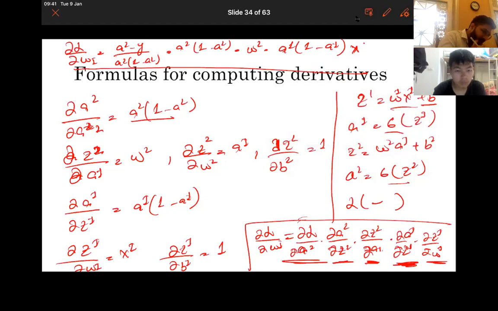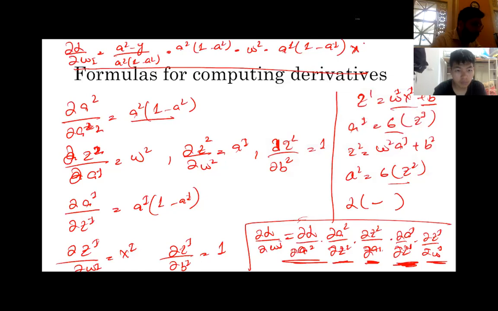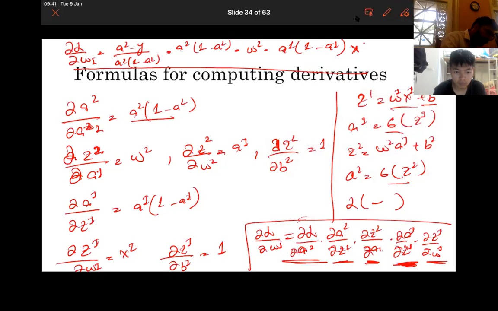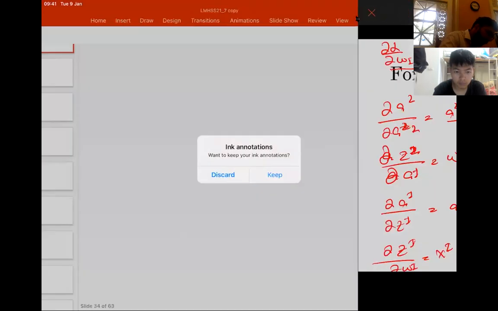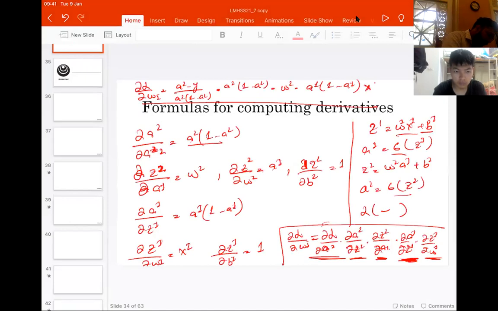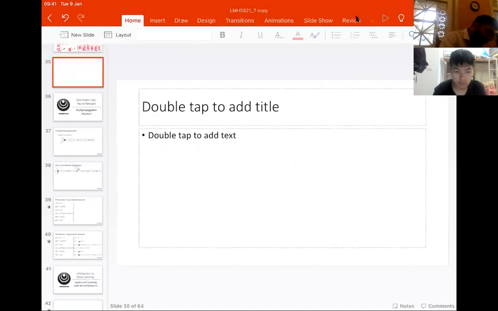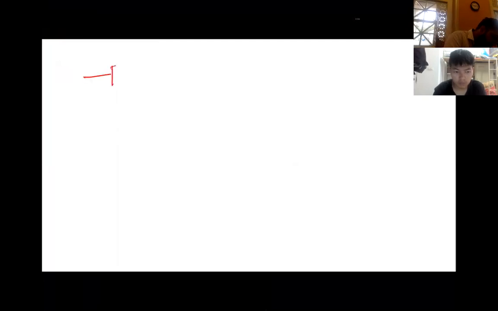One trick which we can do is use the chain rule effectively. It's something like this. So let me keep the notation and get a new slide. Okay, so let's draw again the same pipeline.